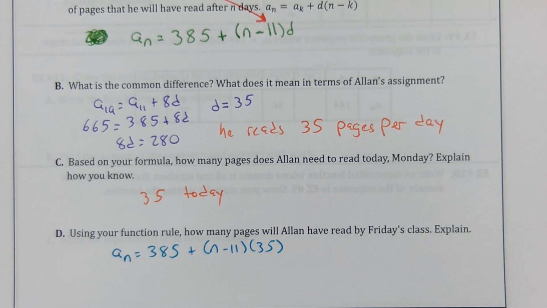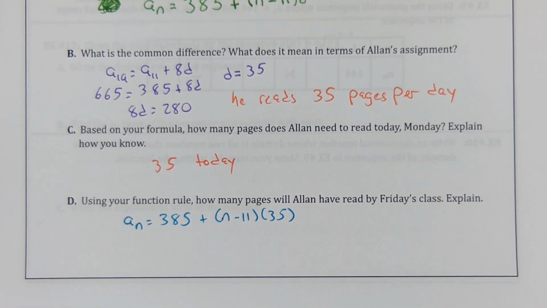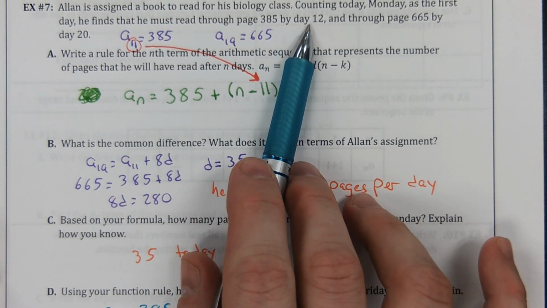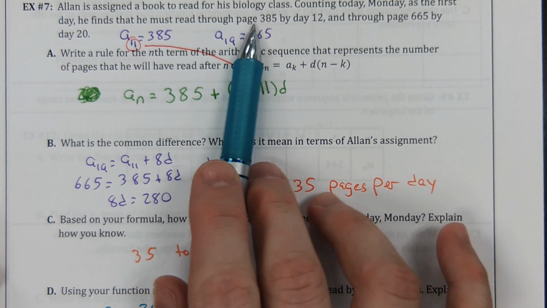If Monday is day 1, but is Friday a sub 5? If we defined this one as a sub 11, then Friday is not a sub 5.